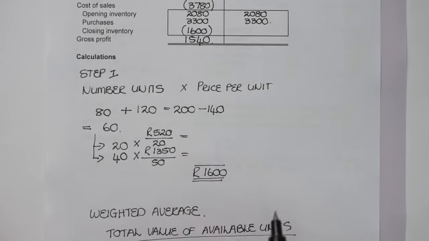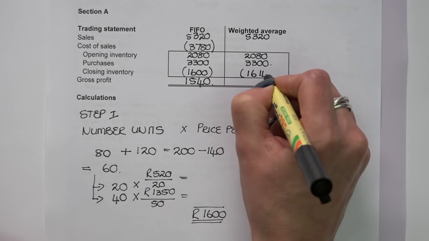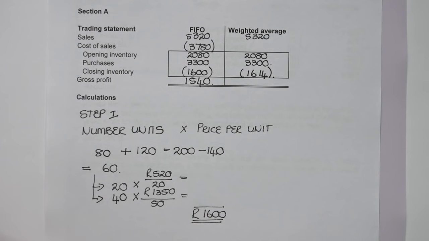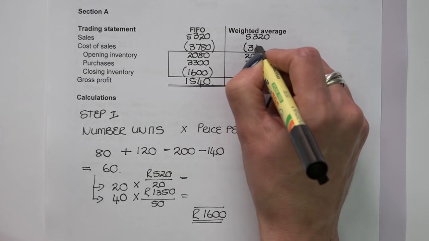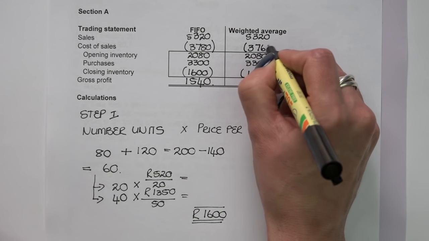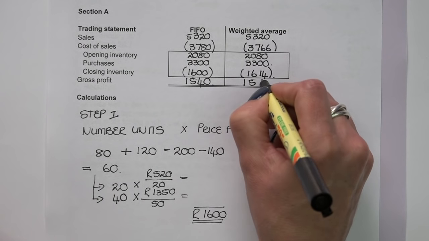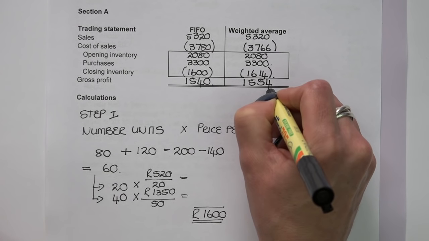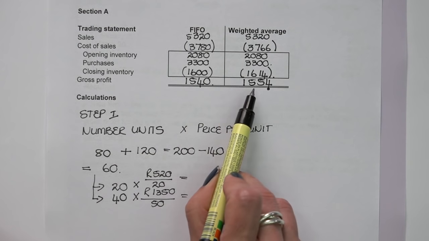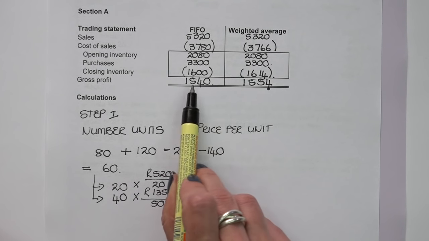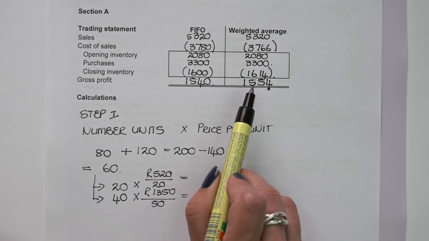So this 1,614, when entered into my trading statement, will give me a cost of sales of 3,766 Rand and a gross profit of 1,554. So now we can compare whether first in, first out or weighted average will give you the highest gross profit, and clearly we have to recommend the weighted average method.